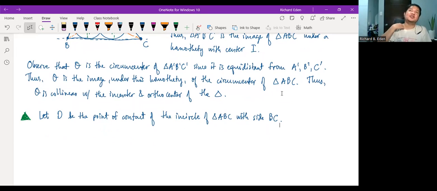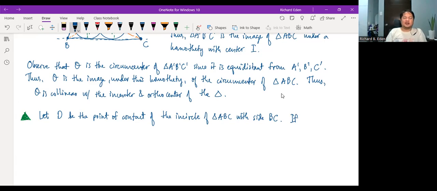The point of concurrency of the intouch points would be the Gergonne point. Yes, the one I forgot, the intouch point of BC. So this is the intouch point, D is the intouch point. I could have stated it like so: D is the intouch point on side BC.